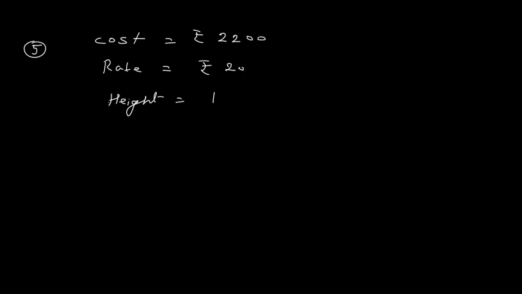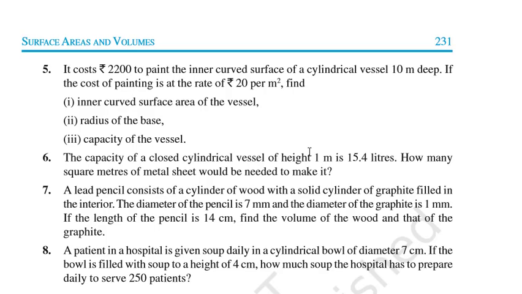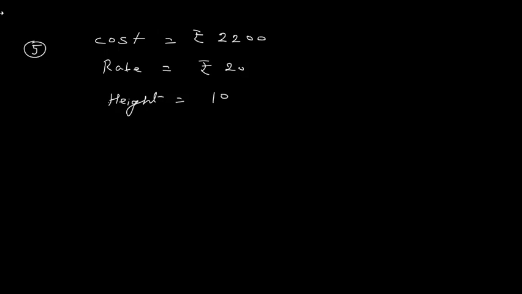Fifth question. First you read the question and understand what things are given and how you can find the answer. So cost is rupees 2200. Rate is rupees 20 per meter square, and height is 10 meter, 10 meter deep.